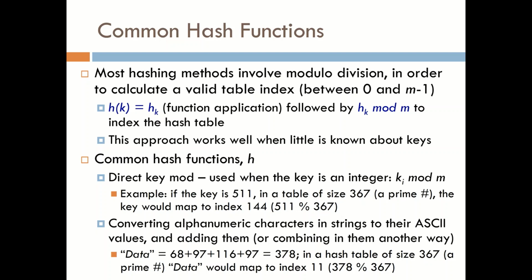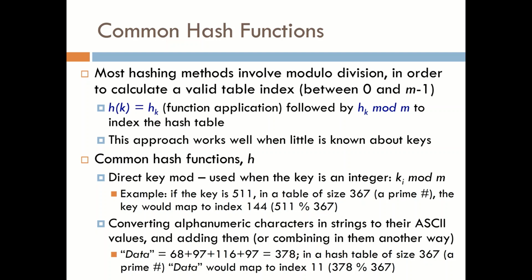So going back to our string example, if we have the string Data with a capital D, then we can extract the ASCII values. Capital D is value 68, lowercase a is 97, lowercase t is 116, and then lowercase a again is 97. If we sum all that up, we get the value 378.